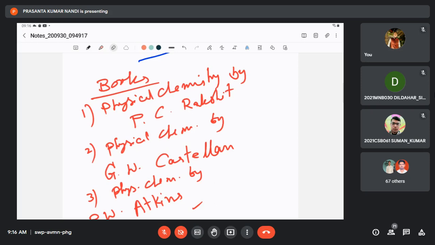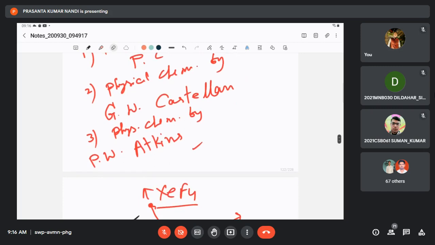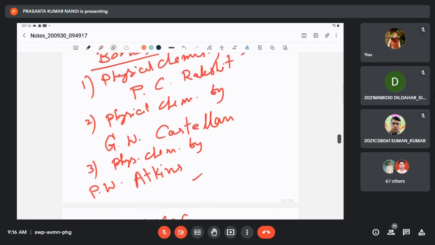Physical chemistry text by P.C. Yoxin and also by G.W. Castellan. This is a very nice book that you can also consult. And there is another book, Physical Chemistry by P.W. Atkins. All these are very nice books and presented in a lucid way and in detail. But you can consult all these three books if you need. Otherwise, if you follow my lecture, then I think it will be no problem to you.